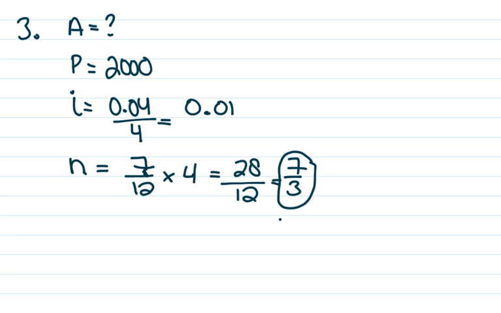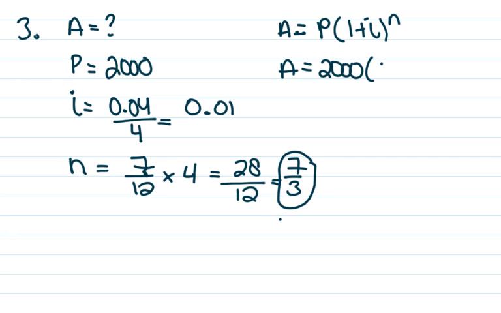We will plug that into the equation where A is missing, so we want it to equal A. A equals P(1 + i)^n. A equals 2,000(1 + 0.01), so 1.01 to the power of 7/3.